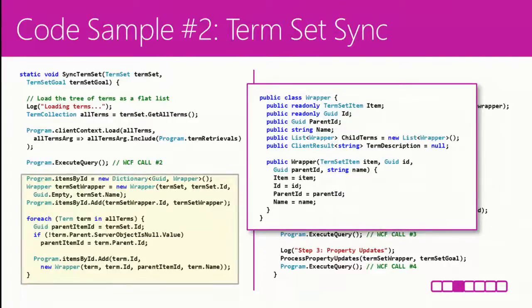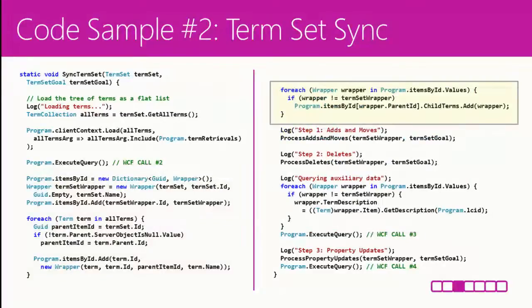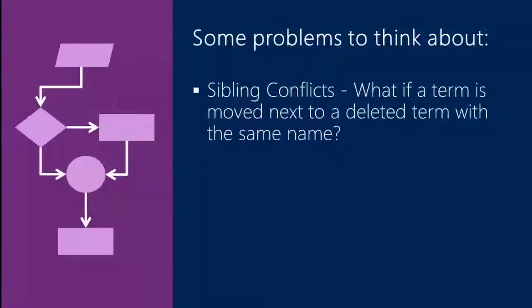So from the flat list of things I got, I'm going to build up a nice hierarchical tree that I can interact with as a tree, but with the efficiency of reading it as a list. So that's the idea of this wrapper. Everywhere you see wrapper, really what it is is just a term, except in one case where it's the term set. Okay, and then here I am hooking up. Once I put everything into the tree, then I go and hook up the parent pointers for them. This is just data structure stuff.